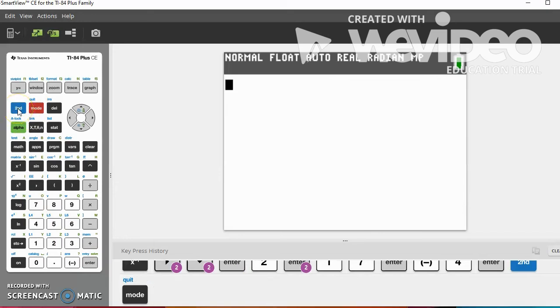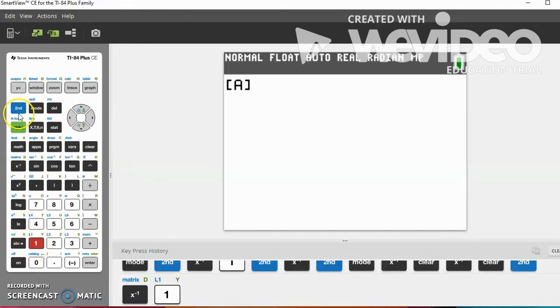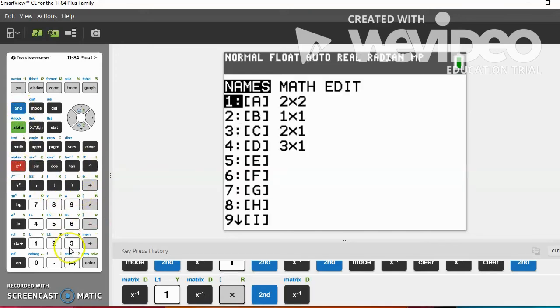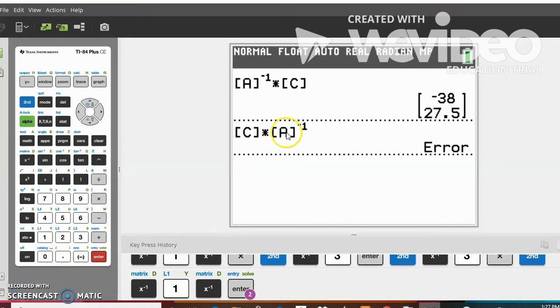Okay, now the way that we said that we are going to solve this is taking the inverse of A. So I'm going to go in second matrix, select matrix A. I did the inverse using the same button that I used for matrix. And then I'm multiplying that by, again, selecting matrix C. Notice that if I put this in the wrong order, it comes up with an error because it's a dimension mismatch.